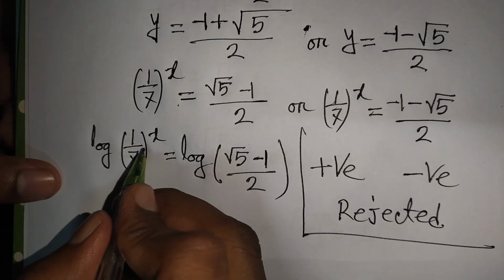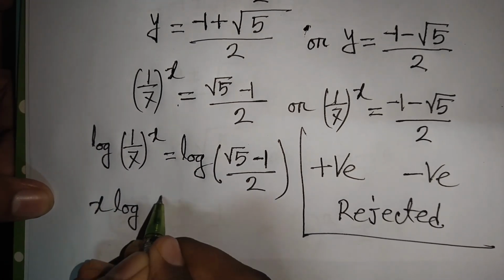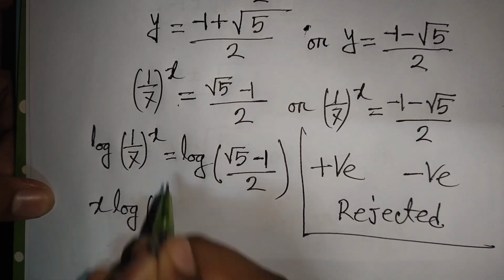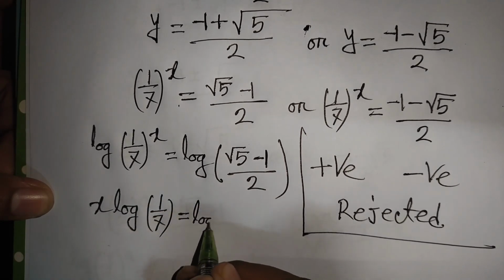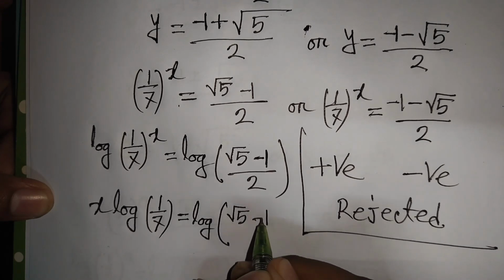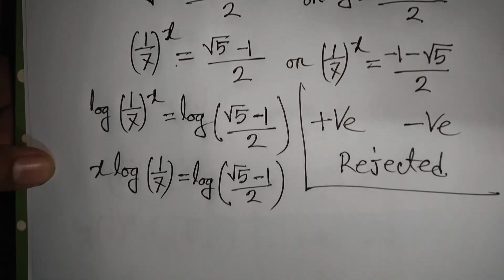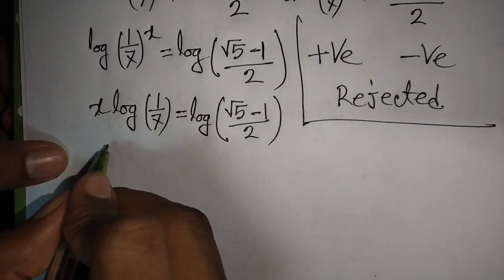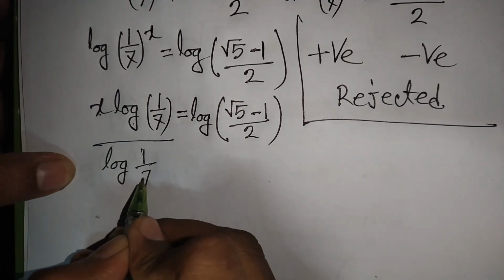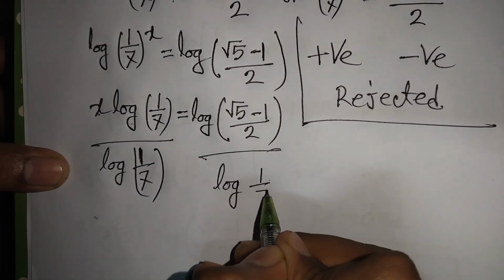Now this power x will move to the front, so it will be x log 1 by 7 is equal to log of square root of 5 minus 1 divided by 2. Now we need the value of x, so divide by log of 1 by 7.